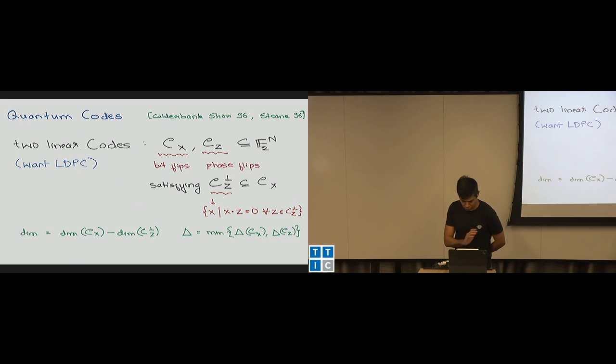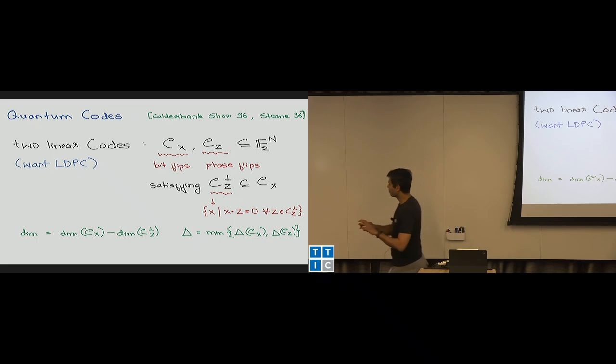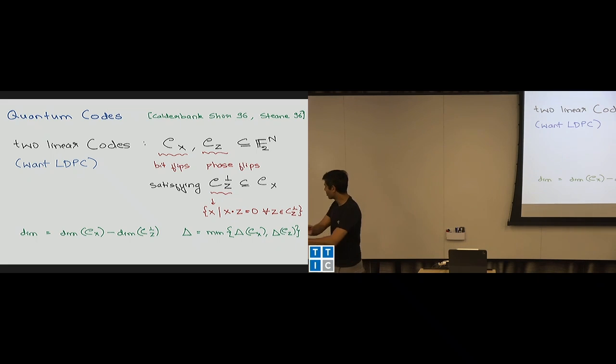In some sense, abstracting away almost all the details, you can think about quantum codes as coming from two classical linear codes. One is supposed to correct bit flip errors, the other is supposed to correct phase flip errors. You can work with linear combinations, etc., but I'll just think about this classical problem of correcting these two types of errors.